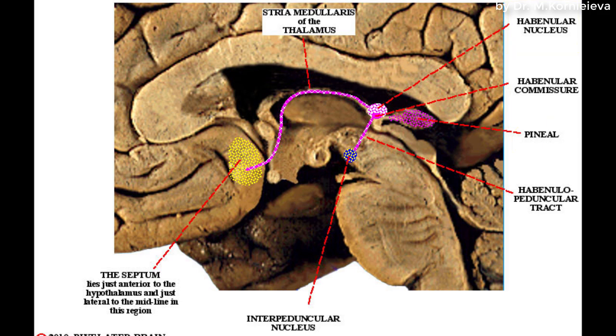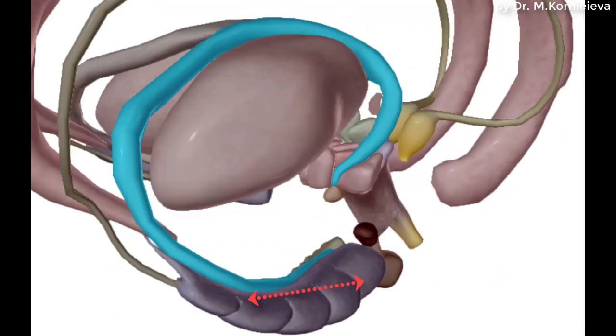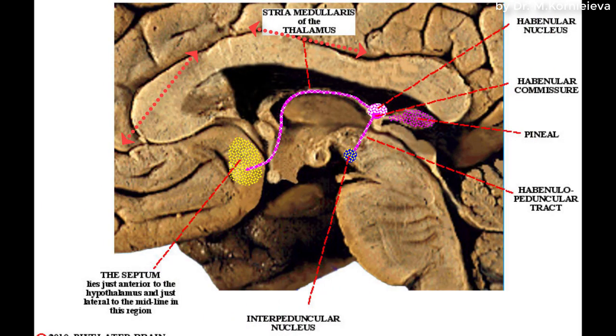Other fibers pass from the hippocampal formation through the fornix and send axons to the interpeduncular nucleus in the roof of the interpeduncular fossa, the tectum of the midbrain, the thalamus, and the reticular formation of the midbrain.